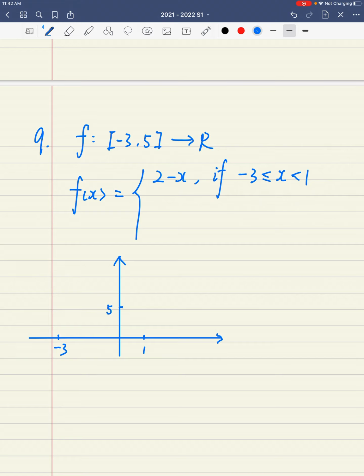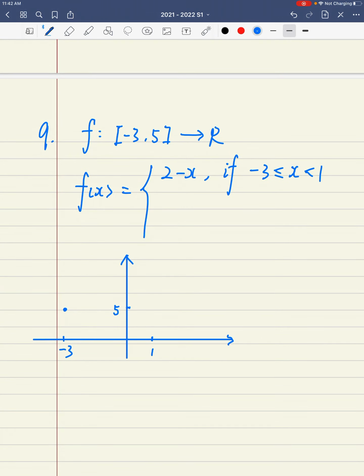This scale is not exactly accurate, but later we will see why. And when x is 1, 2 minus 1 is 1, so it's here.